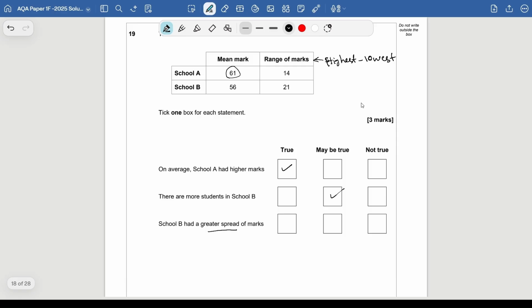There's a greater spread of the values. If the range is a lesser value, then that's not a greater spread. The range for school B is a larger value. So I will go with this statement seeming to be true.